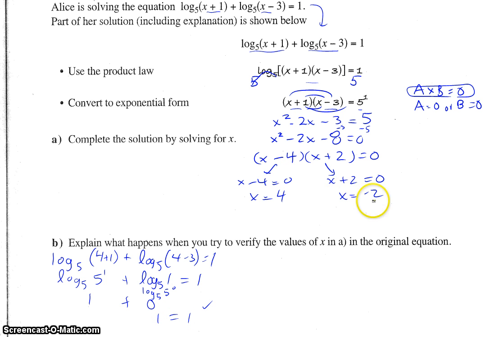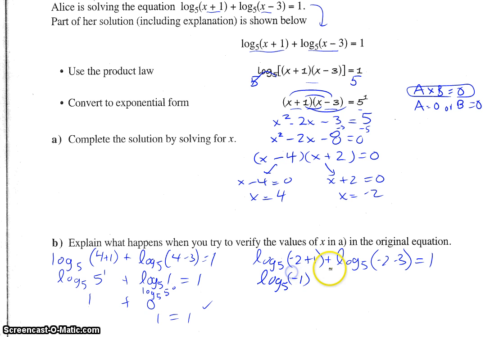Okay, let's try negative 2. So we would go log base 5 of (negative 2 plus 1) plus log base 5 of (negative 2 minus 3) equals 1. That's log base 5 of negative 1. We can stop right there, because remember back to your log graph, it looks kind of like this. Along the x-axis is what really is inside of the log.